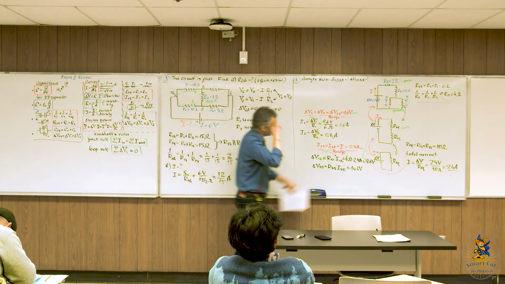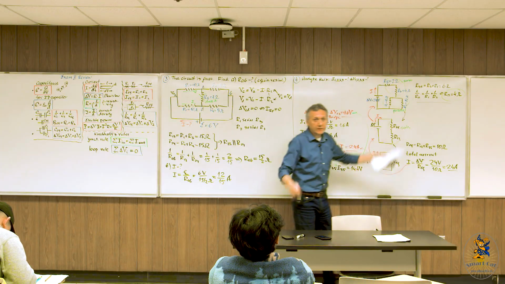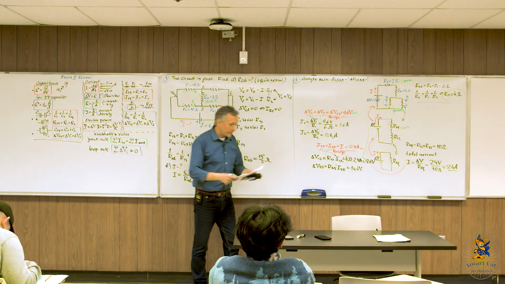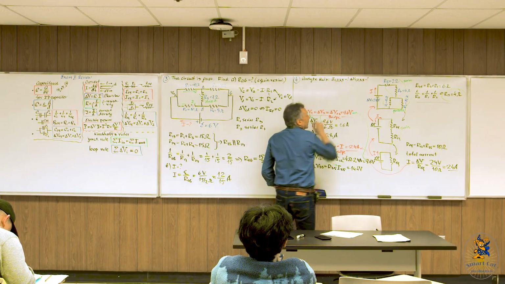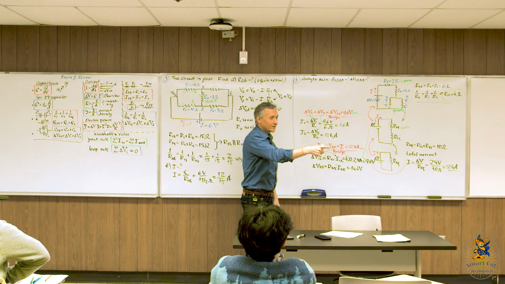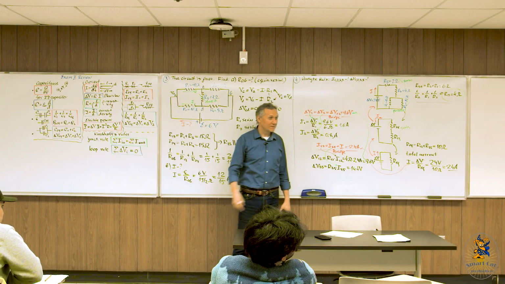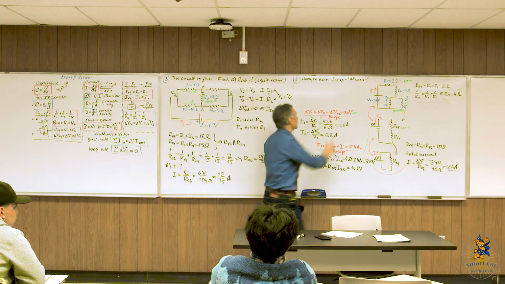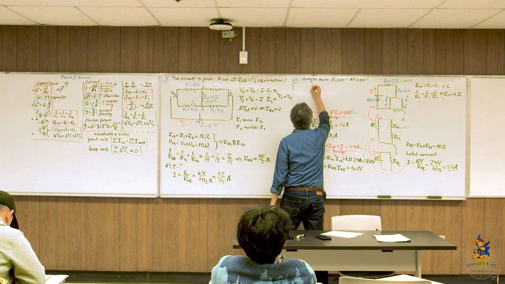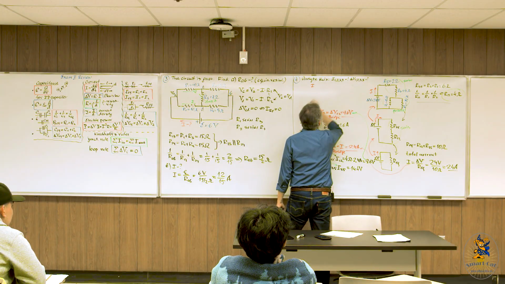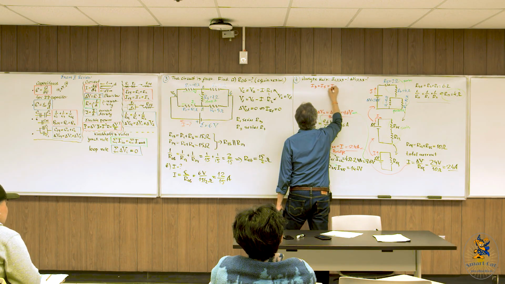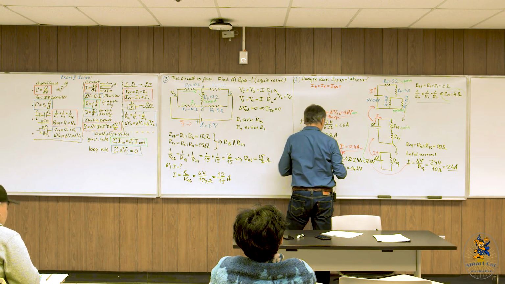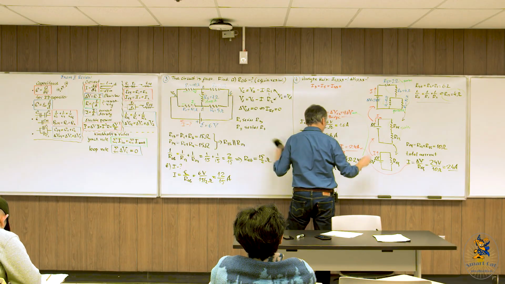But we still have inside of R35 two resistors connected in series. So now let's just make the final push. So in series, which parameter is the same? Current. So it's I3 equals to I5 equals to I35, and I35 is here.